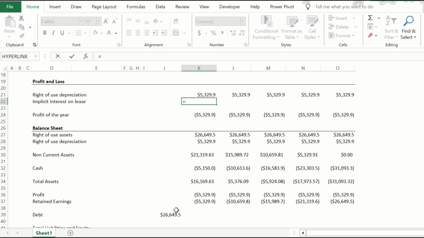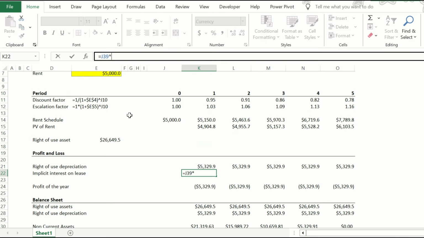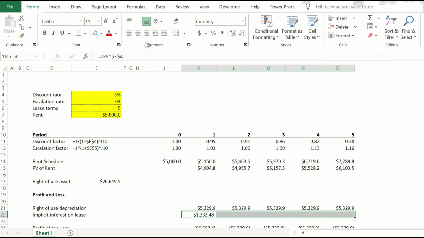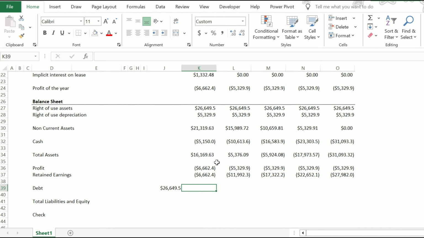For your interest expense, I'm taking the previous year's debt just to avoid any kind of circularity, multiplied by your interest rate, which is the discount rate here, and fix it. So this is our interest rate. As of now it shows 0, but once we fill this up, it will be calculated.